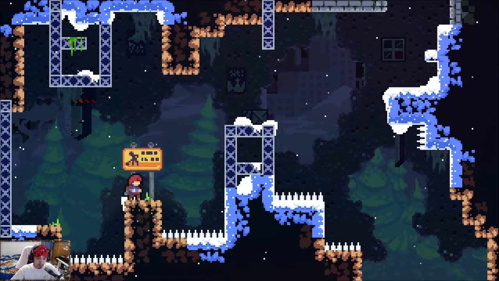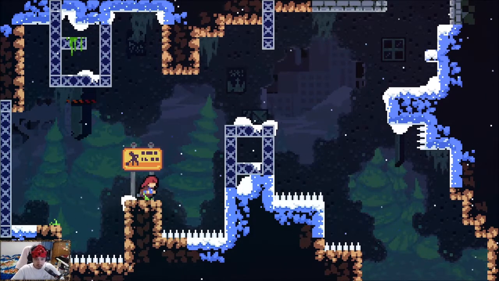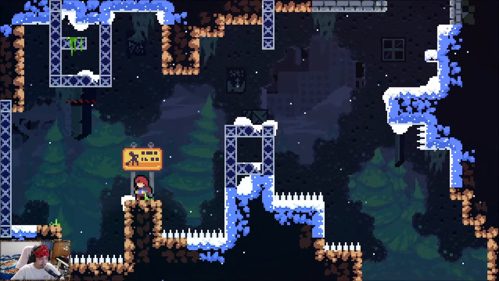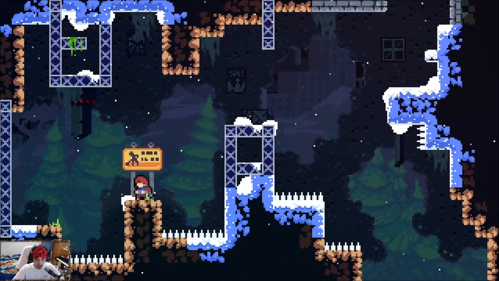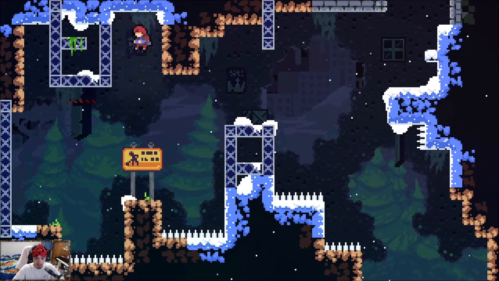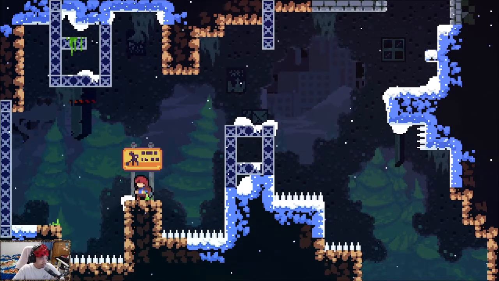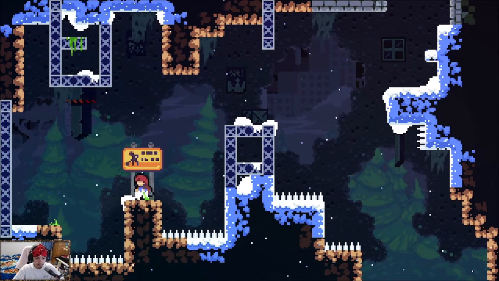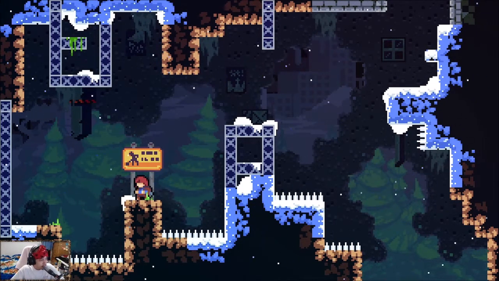So whatever value my Y position is at right now, all I have to do is decrease it by whatever value I want. Let's say I want to decrease it by 100. I get to teleport up there.